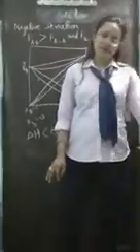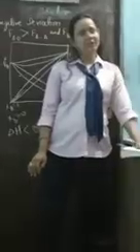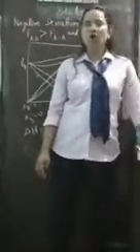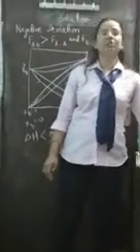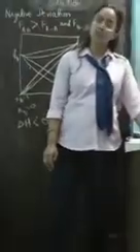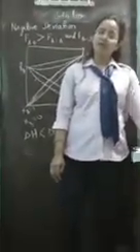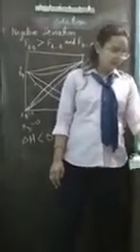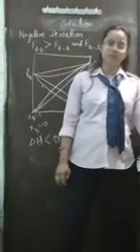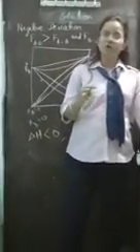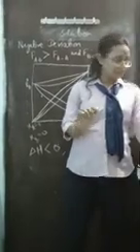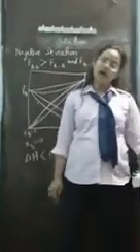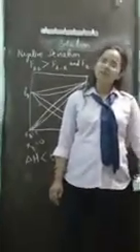Next, our next topic is colligative properties. Those properties which depend on the number of solute particles, molecules, atoms or ions, but not upon their nature, are known as colligative properties.